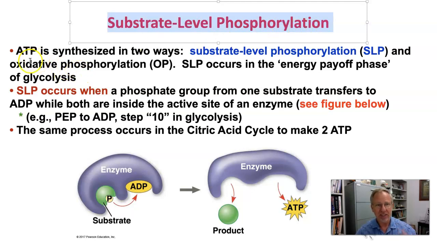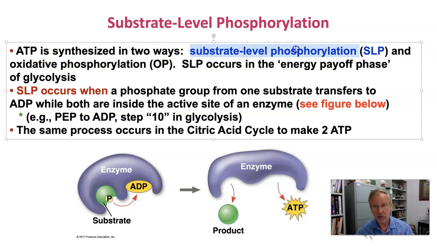ATP is synthesized in 2 different ways in cellular respiration. One of the ways is called substrate level phosphorylation, and that's what we're reviewing here because it happens in glycolysis. The other way that ATP is made is by oxidative phosphorylation, and that's going to occur in part 2 of this chapter. So don't worry about that right now.